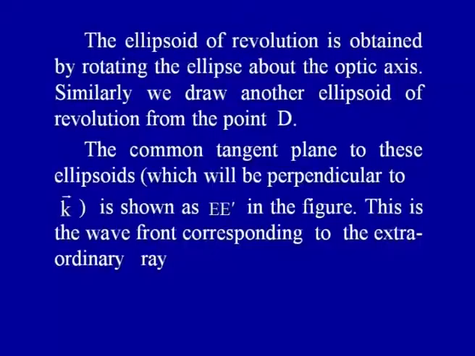Similarly, we draw another ellipsoid of revolution from the point D, identical in shape, identical in size. Remember, the points B and D become active at the same time. The common tangent plane to these ellipsoids, which will be perpendicular to k, is shown as EE prime in the figure. This is the wave front corresponding to the extraordinary ray.